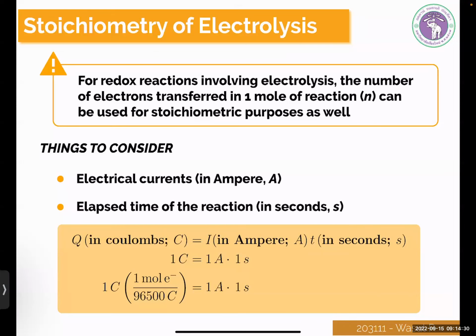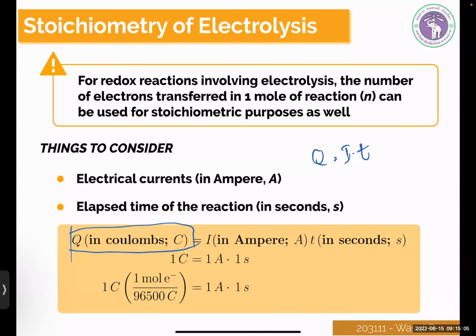In physics, you know that there are electrical currents, which are in the unit of amperes. And then you also have the elapsed time once you pass the electrical current, when you want to calculate the charge, which is in coulombs. In physics, we normally express the charge with the variable Q, in coulombs. Q equals the current multiplied by the time, Q equals I times t.